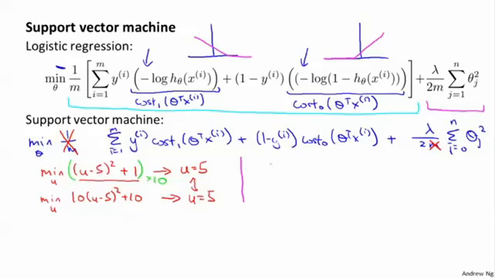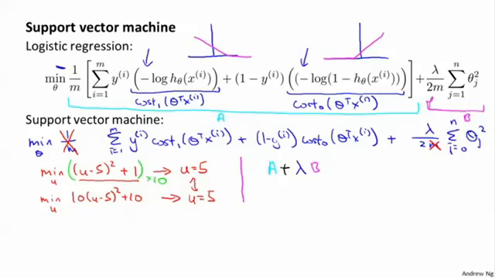We wanted to minimize A plus lambda times B, where I'm using A to denote the first term, and B to denote the second term, without the lambda.